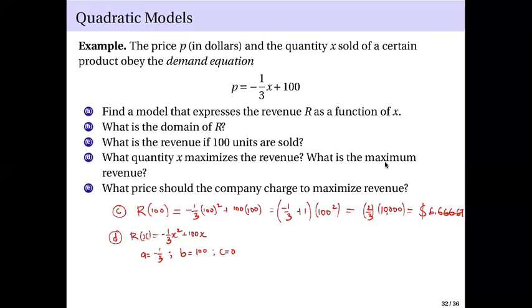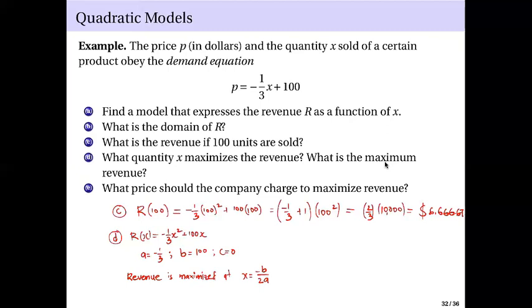So what quantity X maximizes the revenue? Revenue is maximized at the value h in your vertex (h, k). And therefore, it will be at x equals negative b over 2a.